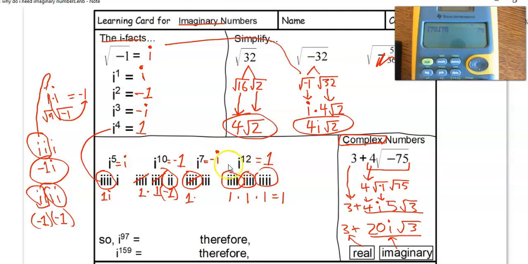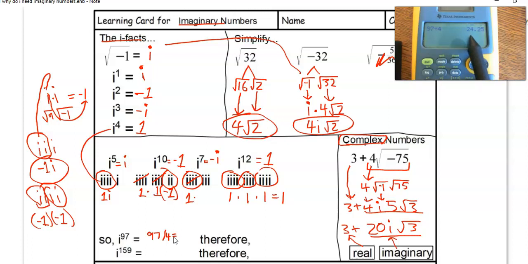So we're using our i facts. And I want you to recognize what we're really doing there. Take that exponent, say this i to the 97. I don't want to draw out 97 i's and cancel out every group of 4. So what I'm going to do is take 97 and divide it by 4. I'm not concerned with the 24 groups of 4.